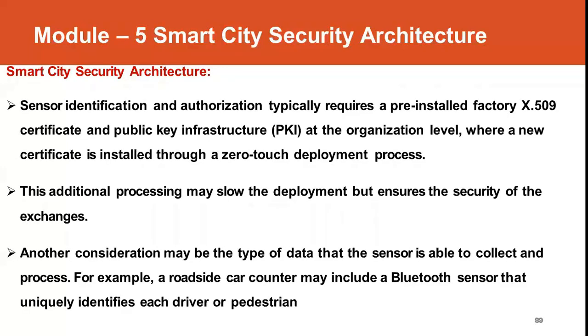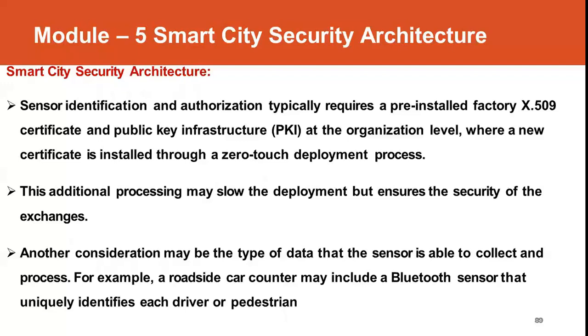Sensor identification and authorization typically requires a pre-installed X509 certificate and also a public key infrastructure certificate at the organization level. All these things are accomplished to ensure that the data is coming from a legitimate source and it is not tampered with anywhere.